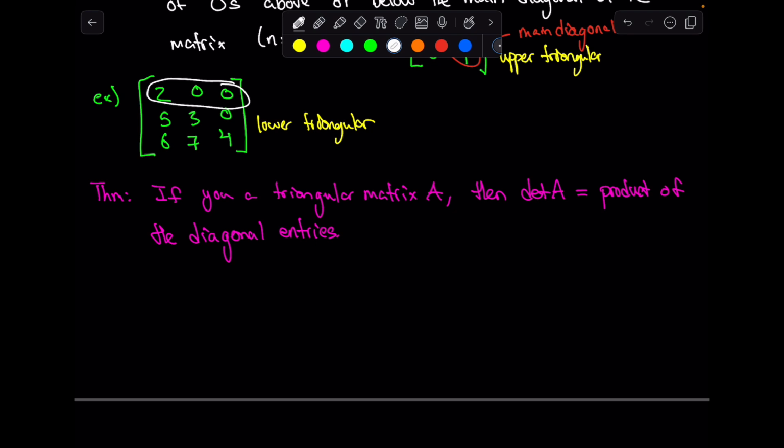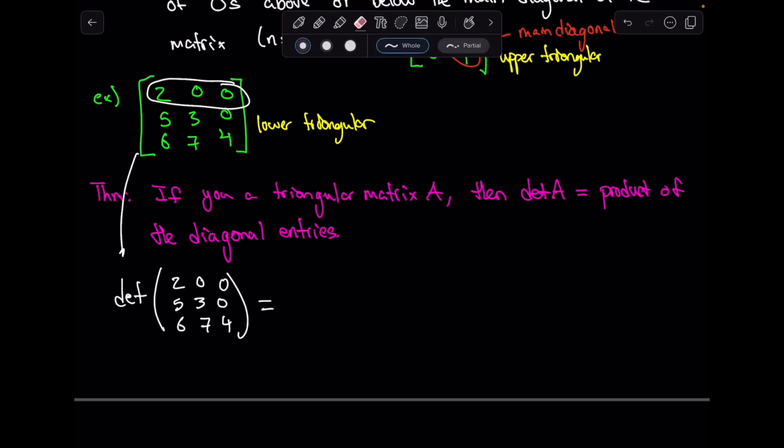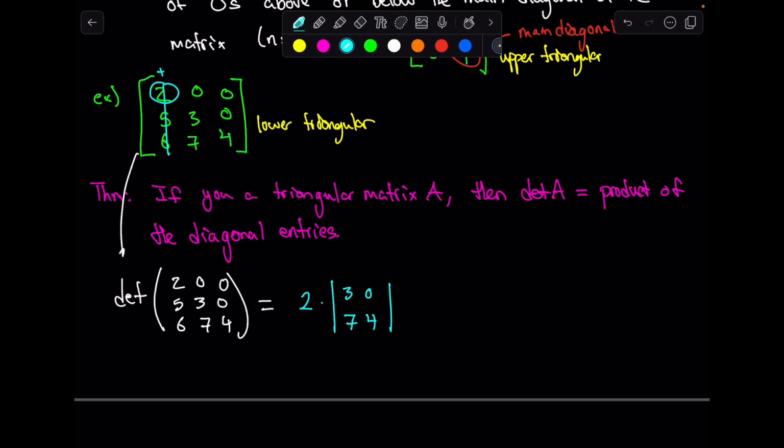And if I expand along that row, because everything else is going to become 0, the determinant of the matrix 2, 0, 0, 5, 3, 0, 6, 7, 4, if I'm expanding along that first row and the last two terms are going to be 0, the only one that I'm going to have to really concern myself with is going to be this 2, which is positive because it's the first one, so it's a positive 2, times the determinant of what's left over, 3, 0, 7, 4.